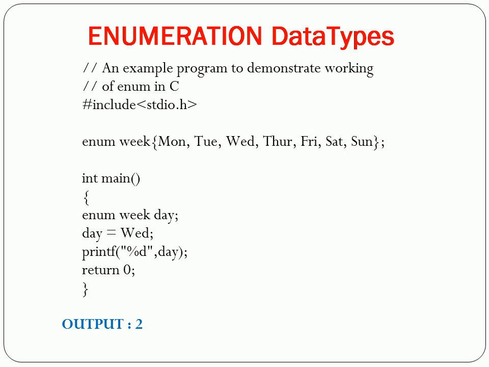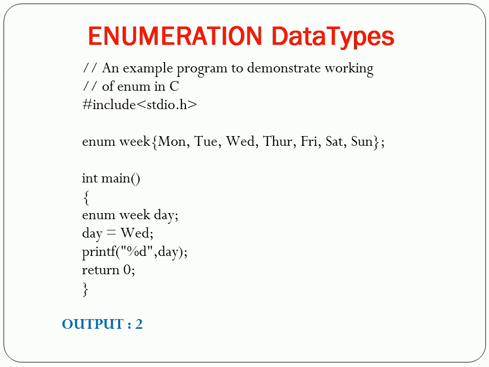Here we have given an example program to demonstrate the working of enumerated types using weekdays. First we have written the header file hash include stdio.h. Then we have declared an enumerated variable with the name week, which consists of the constant values Monday, Tuesday, Wednesday, Thursday, Friday, Saturday and Sunday.